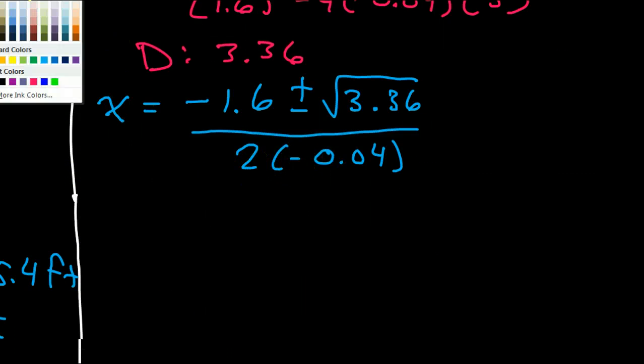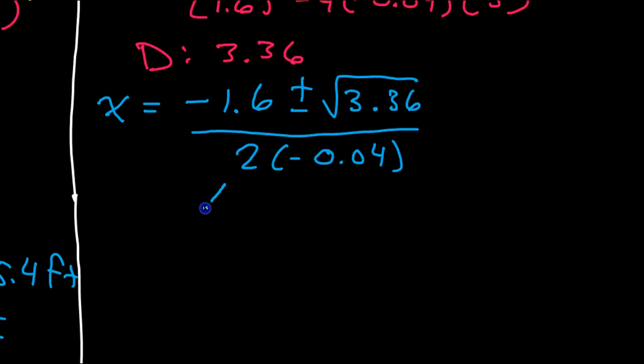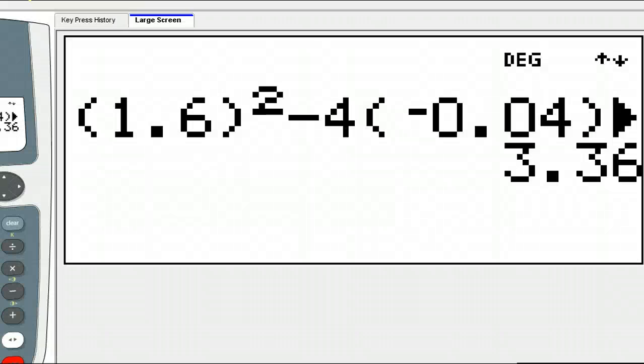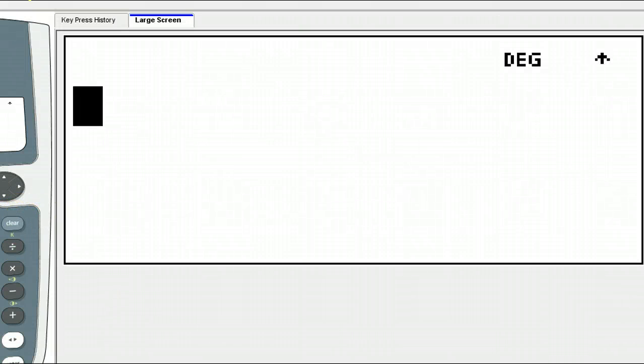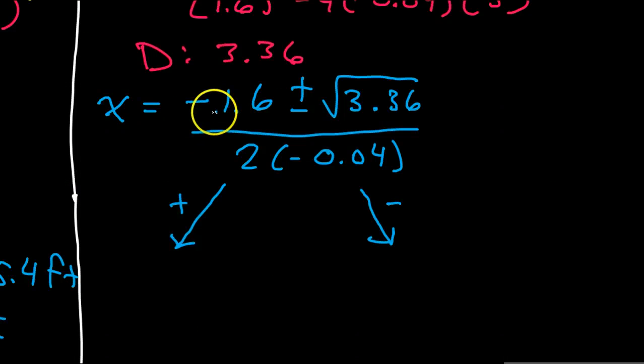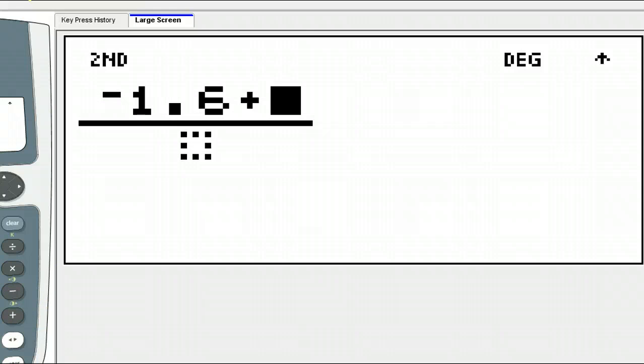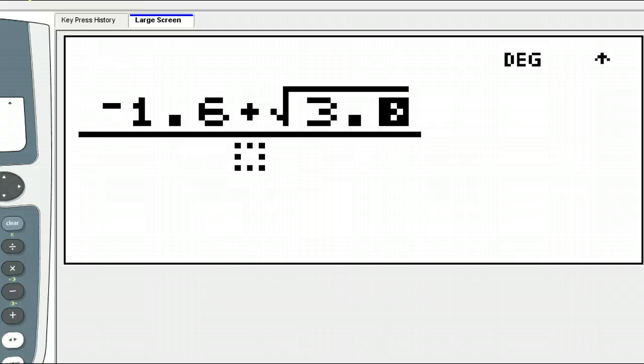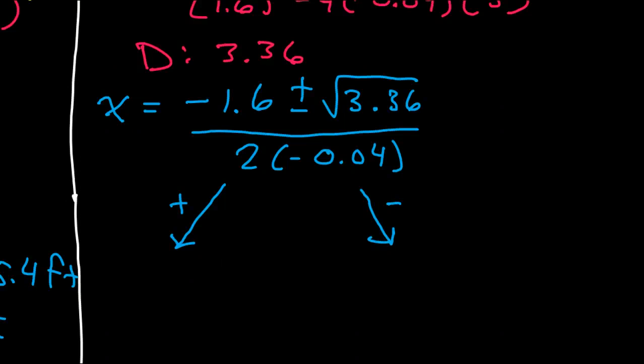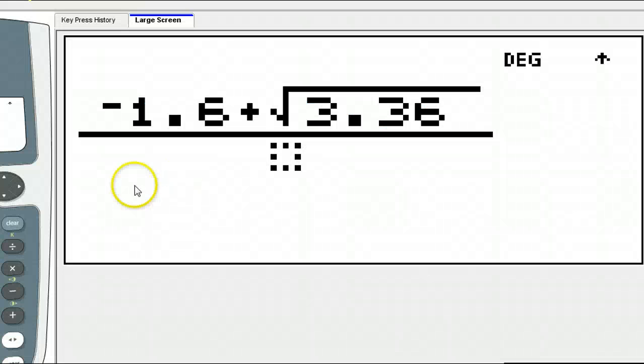We're going to put this in the calculator twice, once for the positive version and once for the negative version. Start off in fraction mode. So negative 1.6 plus the square root of 3.36. And then it's over 2 times negative 0.04.